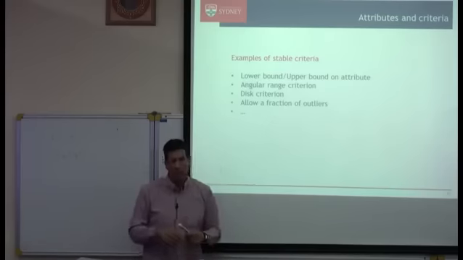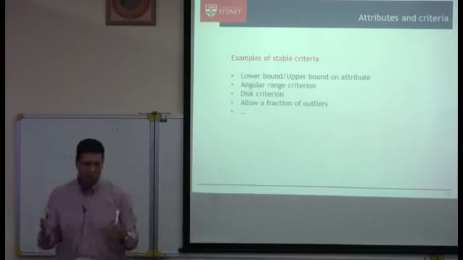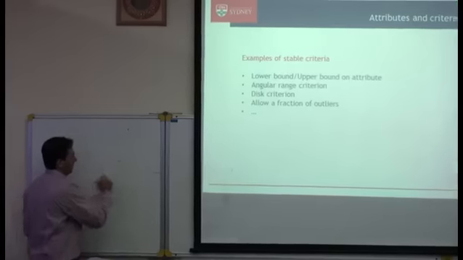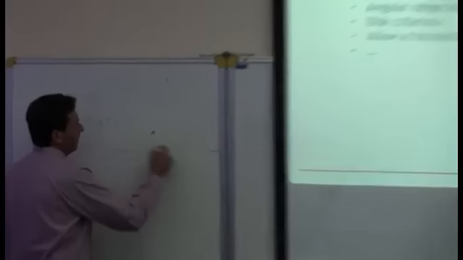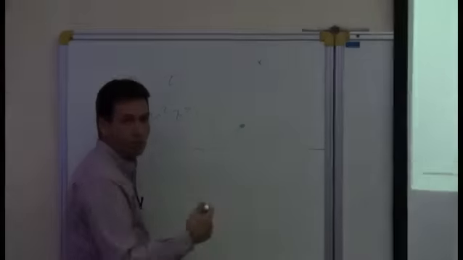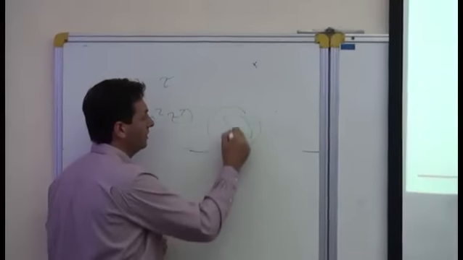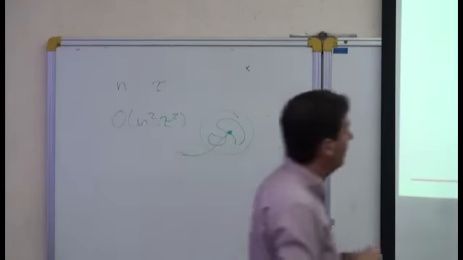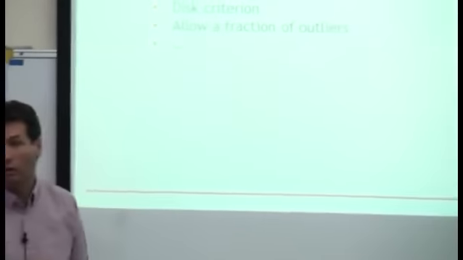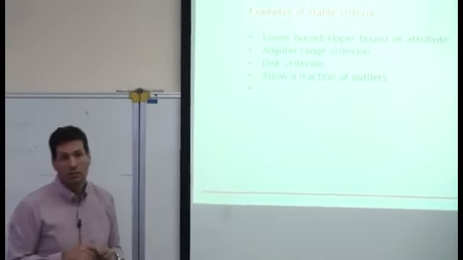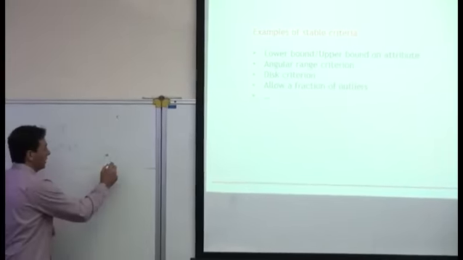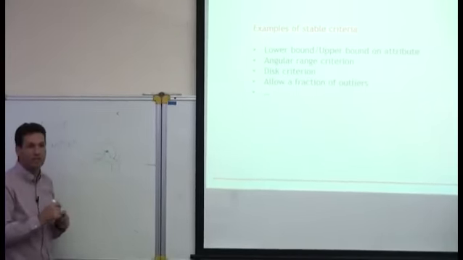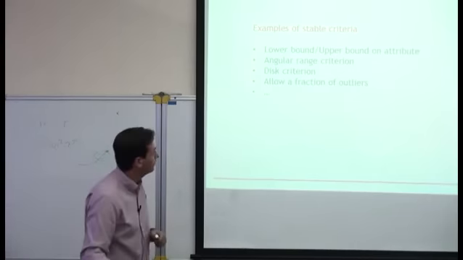I can have a disk criterion: if I come into the area, I have to stay within this area for the next 48 hours or so. And I can even allow a fraction of outliers. For example, if this guy goes out a little bit and then comes back, that's okay, as long as that doesn't happen too often.